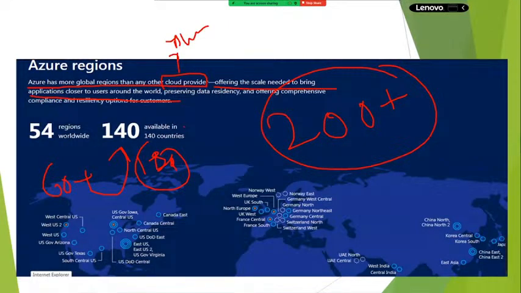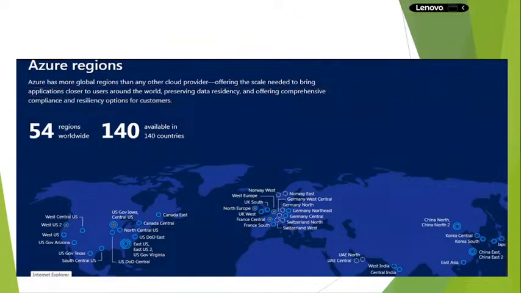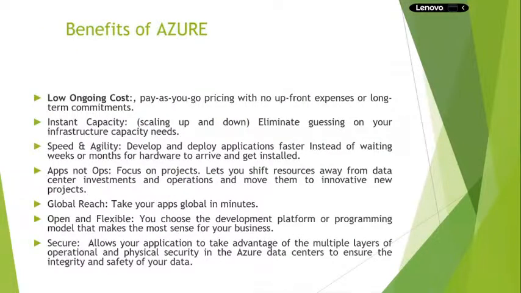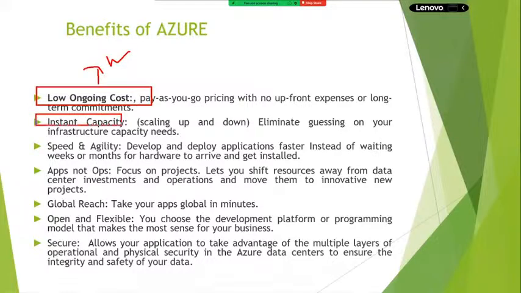This is about Azure information. Next, why should we go for Azure? Why not AWS? Just now I gave a few points. For the remaining, see, it is low cost. Compared to AWS, Azure costs less. Next, instant capacity. Instant capacity means I would like to increase or downgrade the size of a VM or the configuration of the app services.